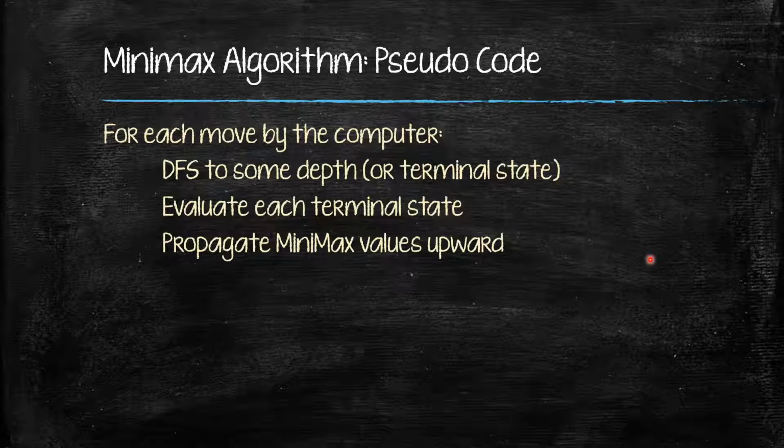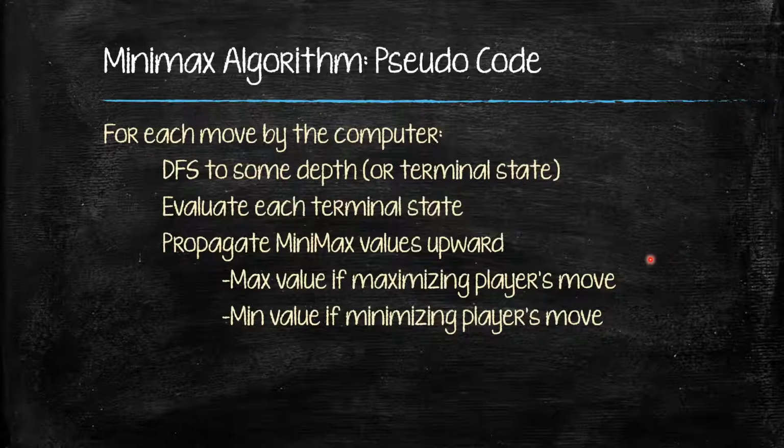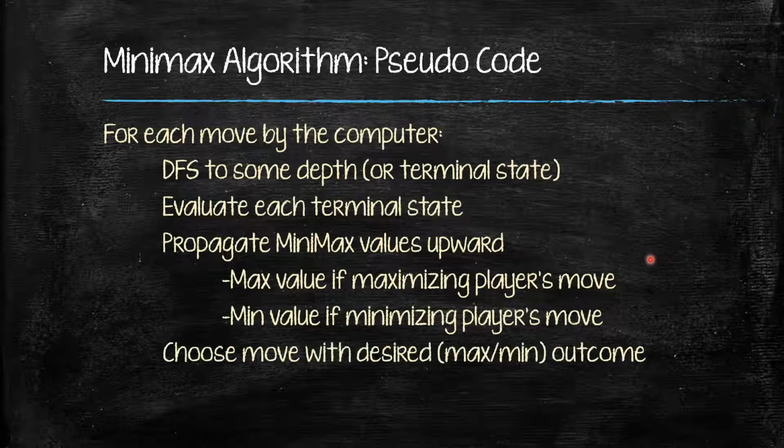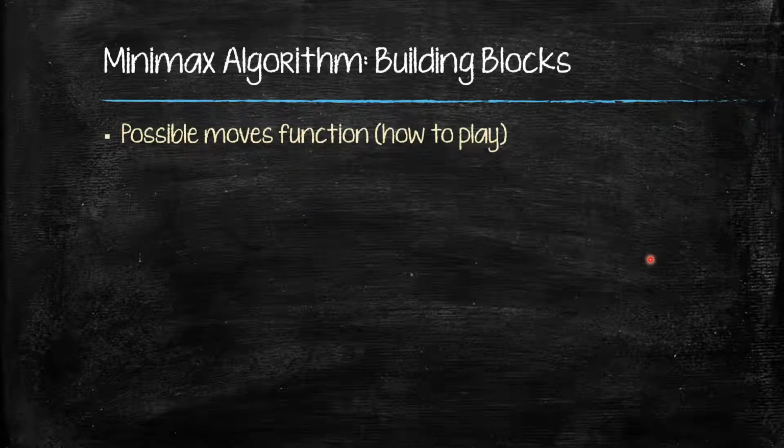We're going to propagate min-max values upwards, and we're going to choose the maximum value if it's the maximizing player's move, or the minimum value if it's the minimizing player's move. And then we're going to choose the move with the desired min-max outcome from the root, from the current state of the game.